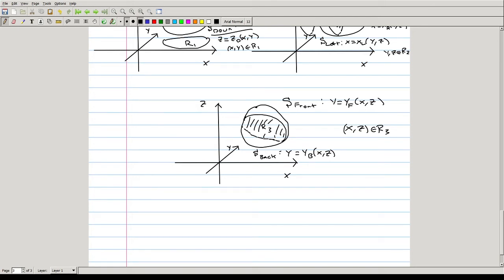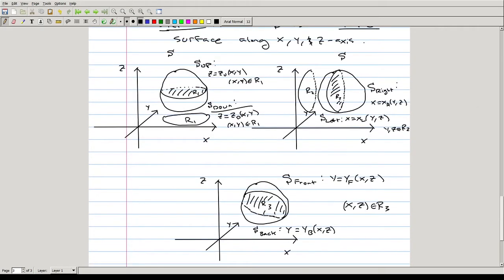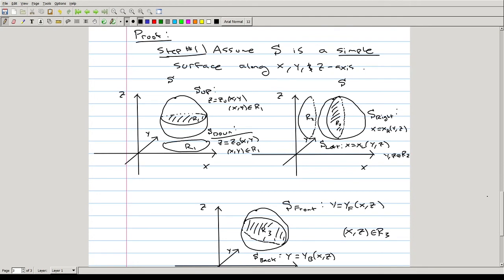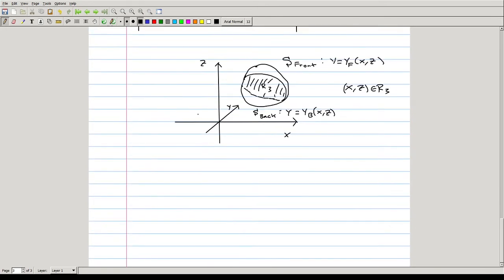So this is the setup, and the idea is that for step 1, we're assuming a simple surface, because what we'll see is that any reasonable surface can be expressed as a union of simple surfaces. And thus, if we can prove it for a simple surface, then by cleverly connecting the simple surfaces for a more general region, we can do this, just like for Green's theorem, by the way.